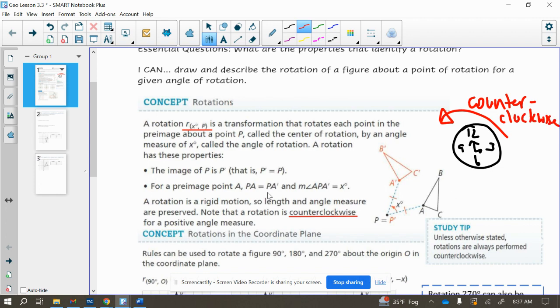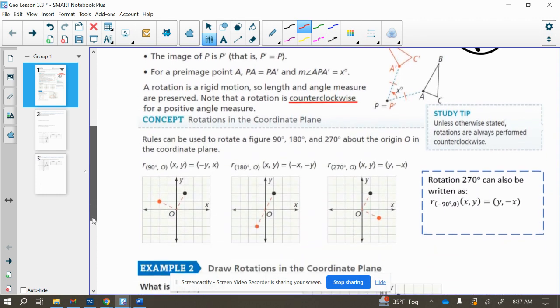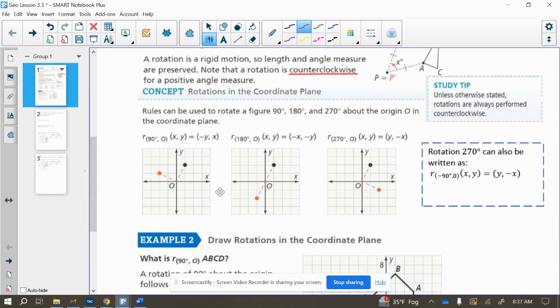So unless otherwise noted, when we talk about rotations in this class, a positive angle measure means you're rotating to the left in a counterclockwise manner, X number of degrees. So below, the main rotations we will be dealing with will be 90 degrees counterclockwise, 180 degrees counterclockwise, 270, and then a full 360 will be back at our original measure.